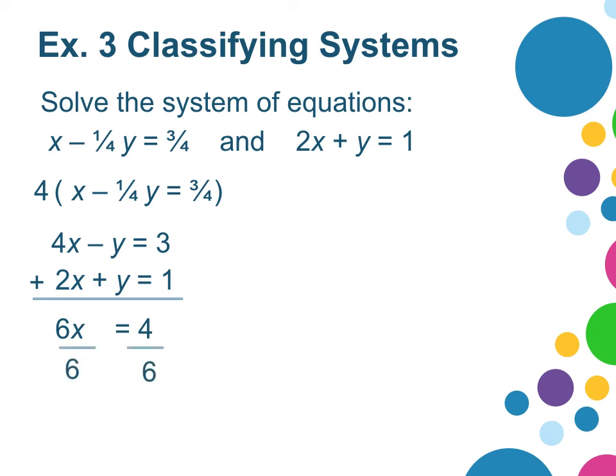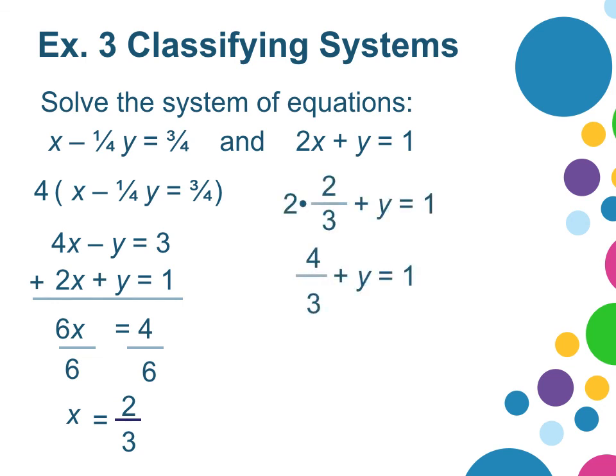So that is the x coordinate of the point of intersection. Now I take this x coordinate and I substitute it in place of x for either of the two given equations. I'm going to multiply 2 times 2/3 plus y equals 1. 4/3 plus y equals 1.